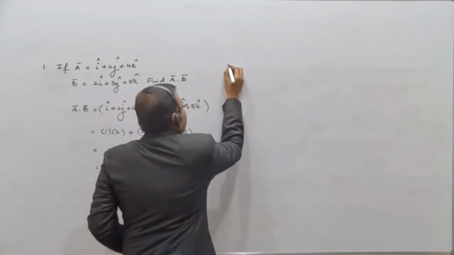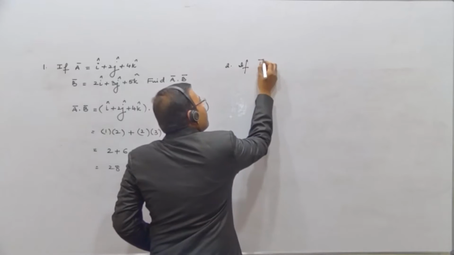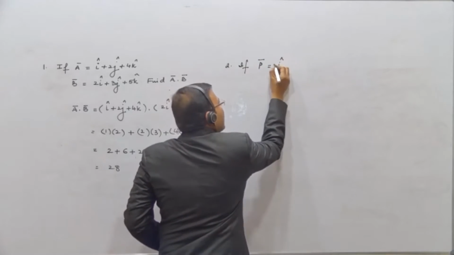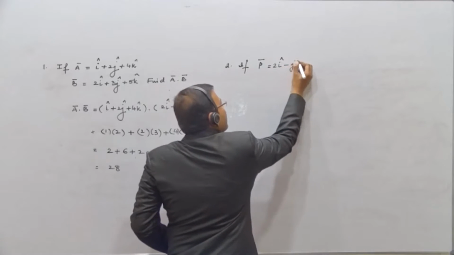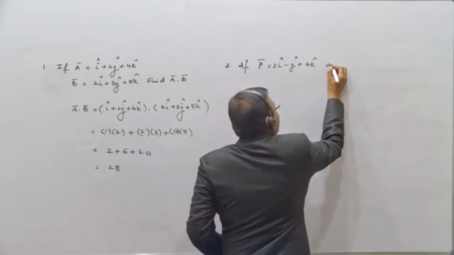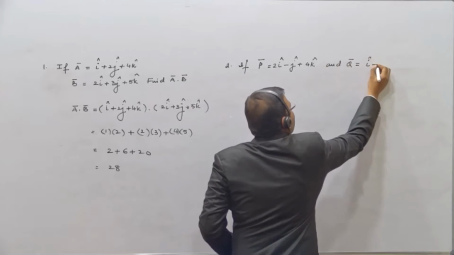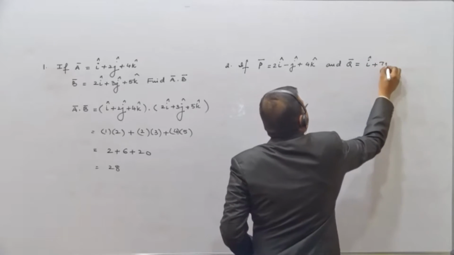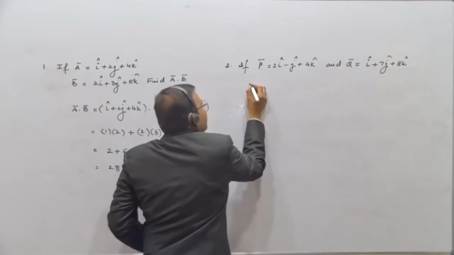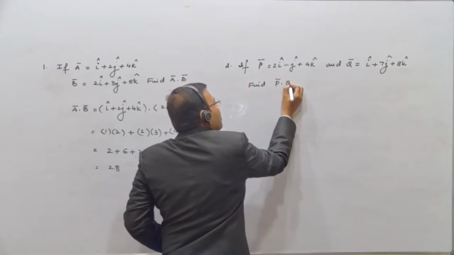Now next, second: if vector P is equal to 2i minus j plus 4k, and Q is equal to i plus 7j plus 8k, in this situation we have to find P bar dot Q bar.